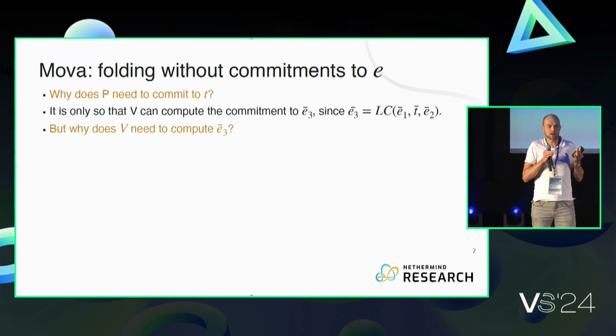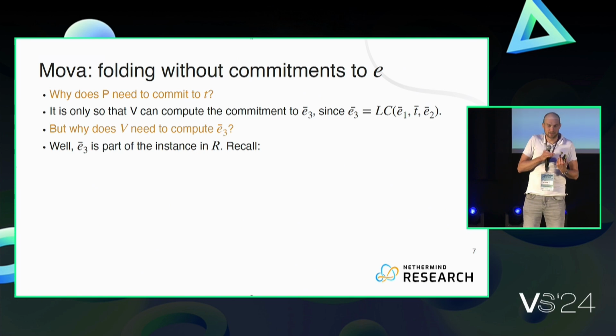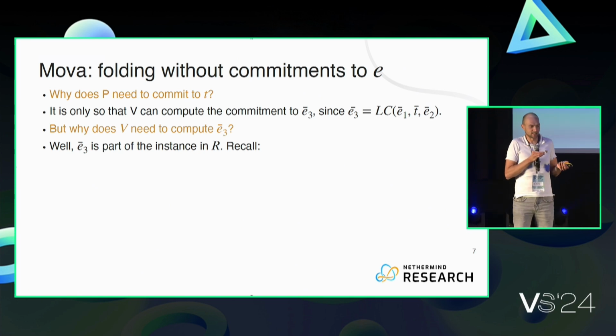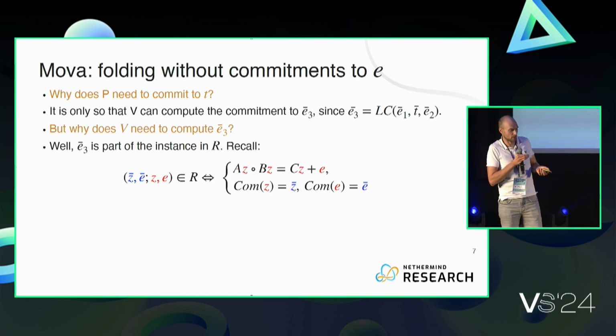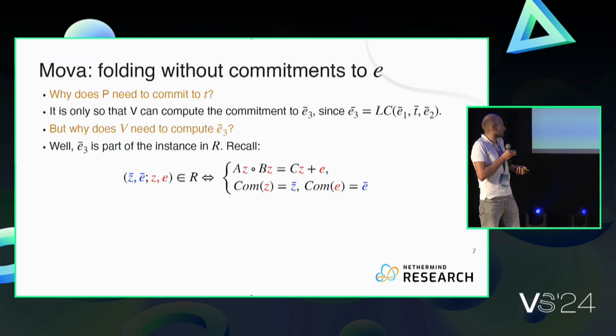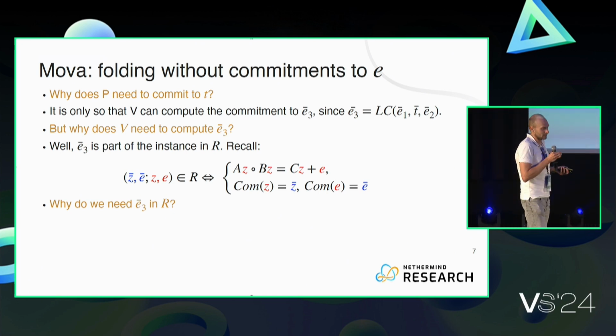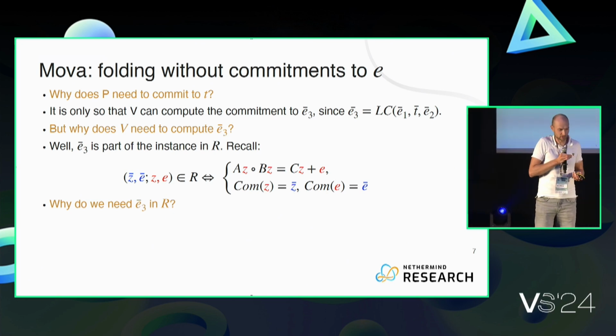But what if V needs to compute E3 bar? Actually, this E3 bar is a part of an instance in R, right? So that was our relation. But do we really need E3 bar in this relation?